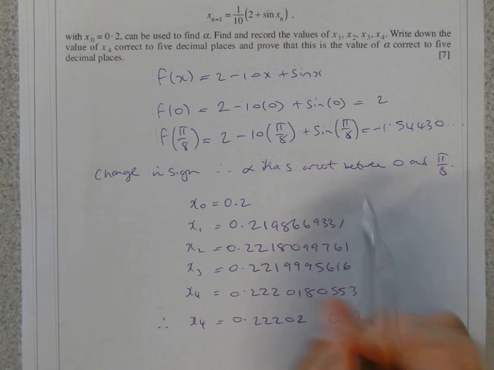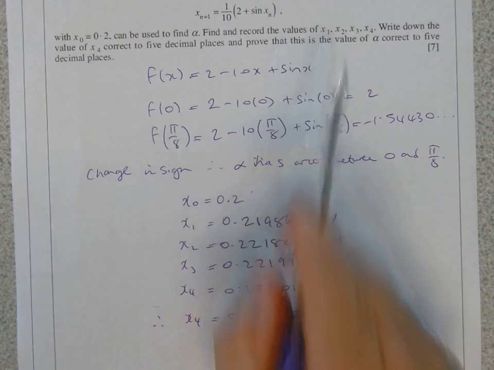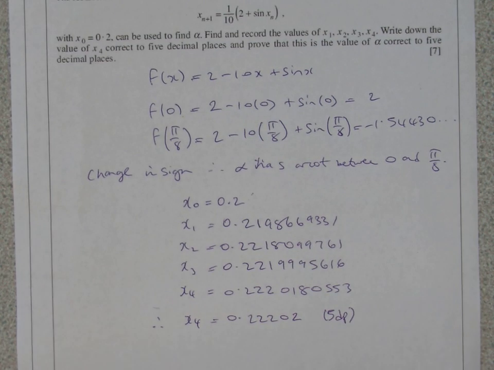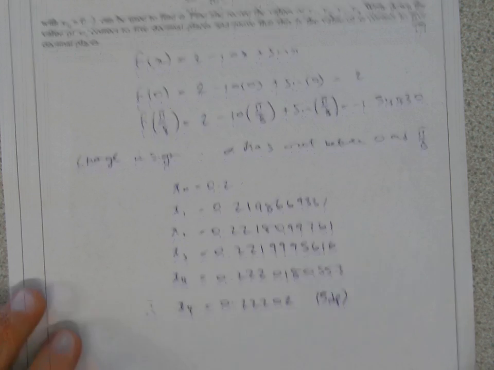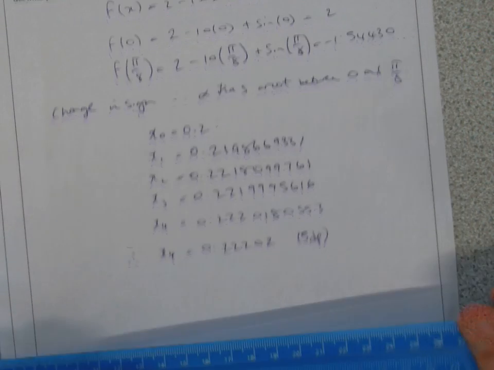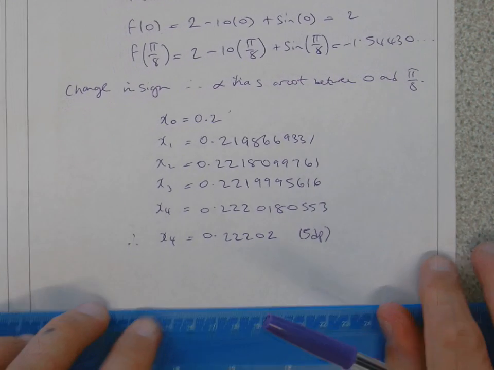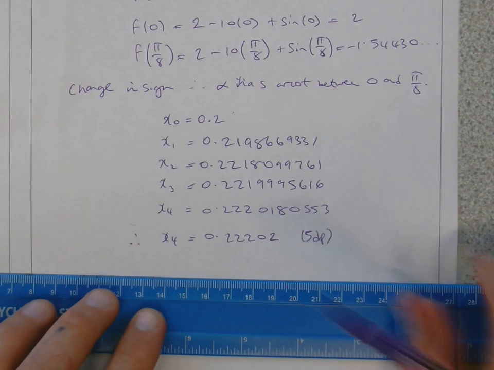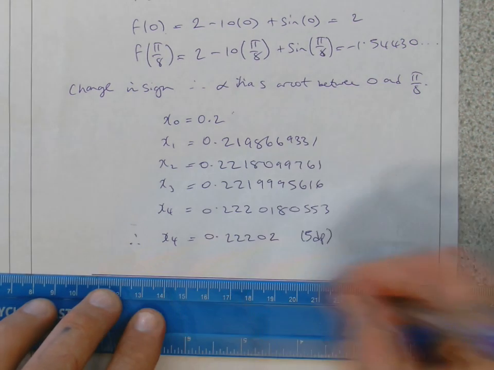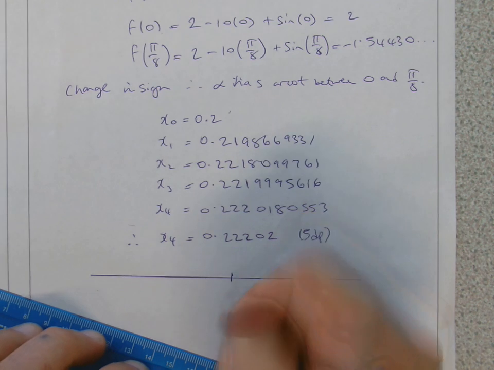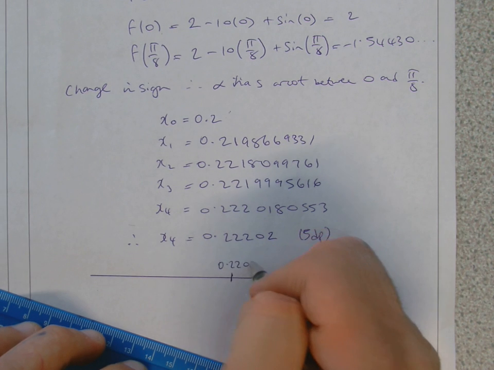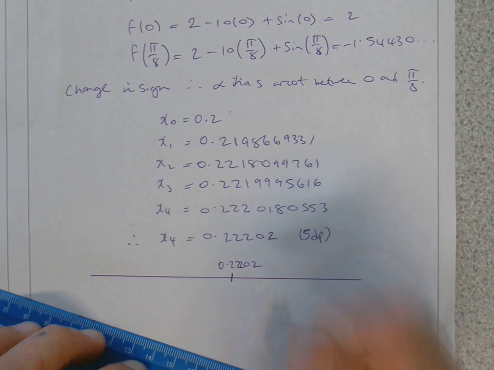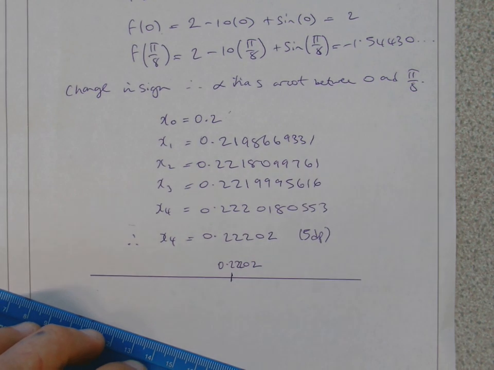Then it goes on to say prove that this is the value of alpha correct to 5 decimal places. What we're looking at as our answer is 0.22202.